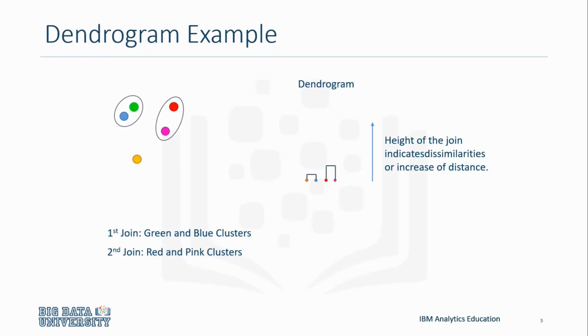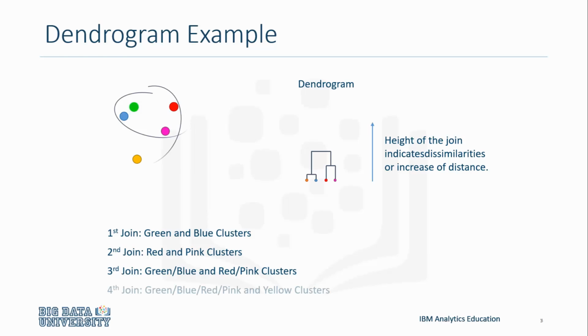Let's say the distance between these 2 clusters is larger than the distance between the red and purple cluster from the second clustering. This will give us a height that is larger than the second join. Finally, we have 1 clustering left to do, and we need to join those clusters, then draw the final join on the dendrogram.